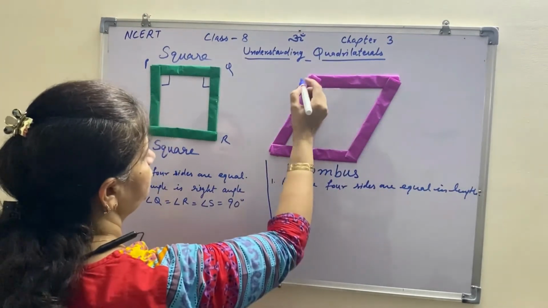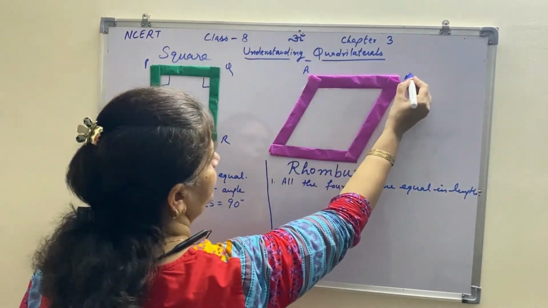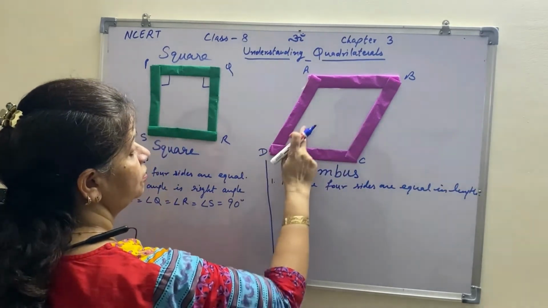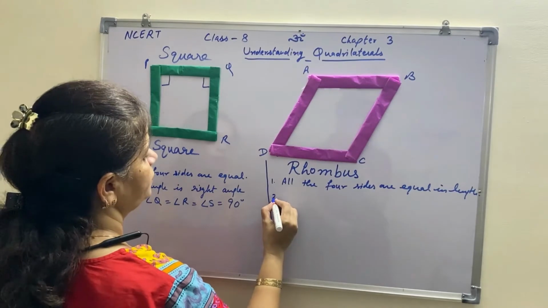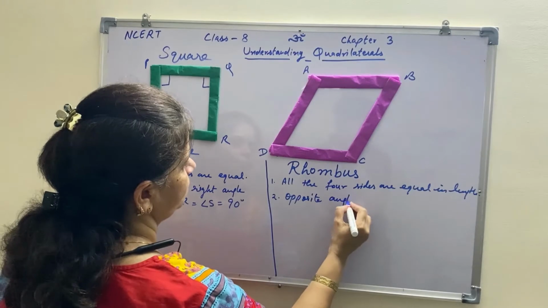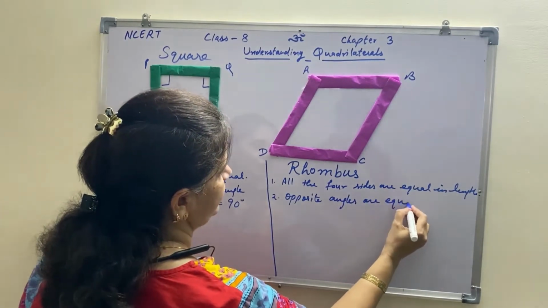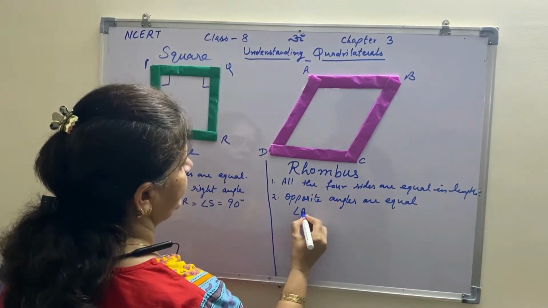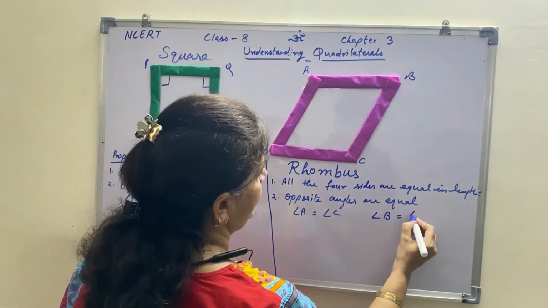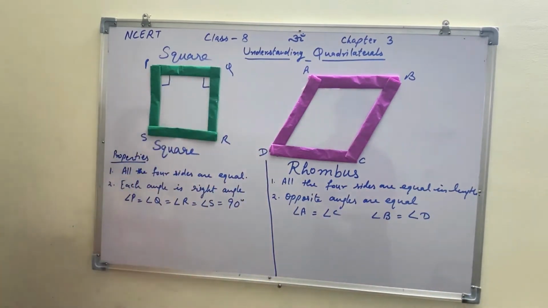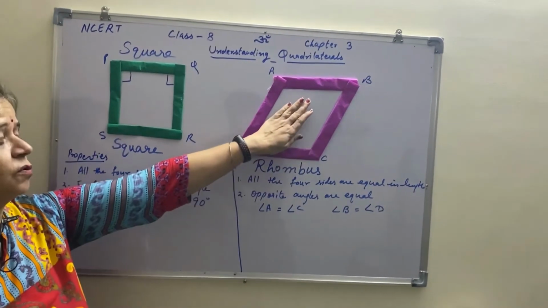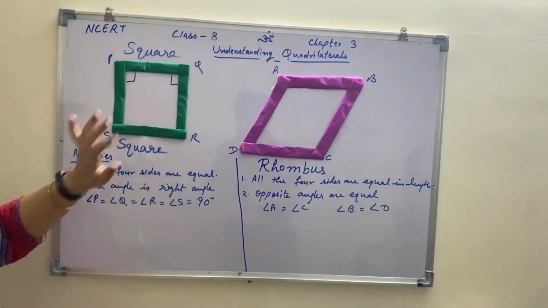And if I name this rhombus A, B, C and D, here they are not right angles, but opposite angles are equal. Opposite angles are equal means angle A and angle C are equal in measure, and angle B and angle D are equal in measure. Here no angle is 90 degrees, while there each angle is 90 degrees.